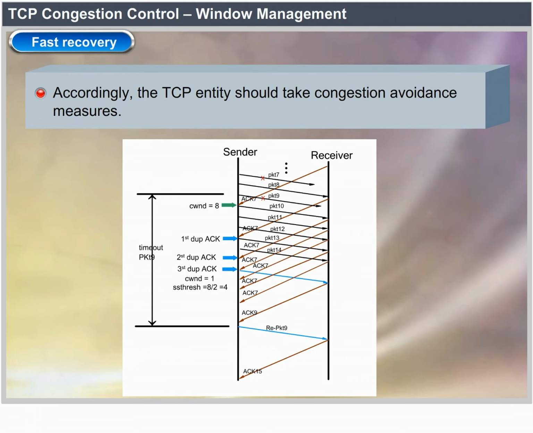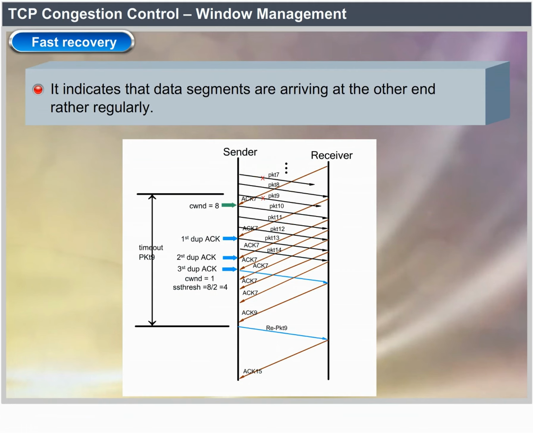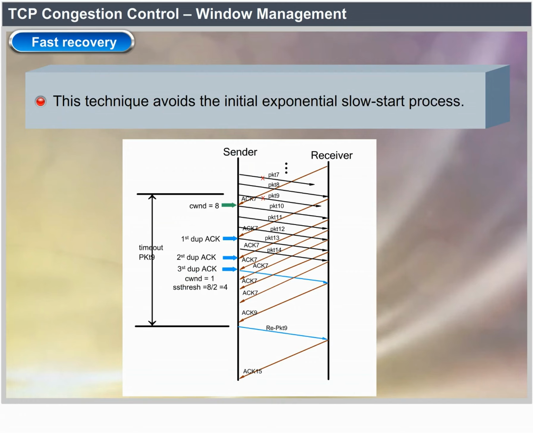This is not the case if ACKs have returned. It indicates that data segments are arriving at the other end rather regularly. In this case, the CWND is cut in half and then is proceeded with linear growth of CWND. This technique avoids the initial exponential slow start process.